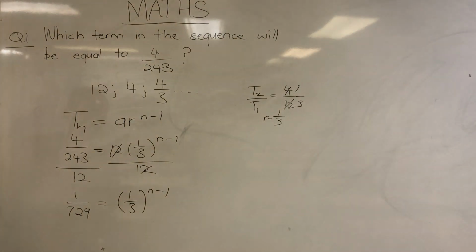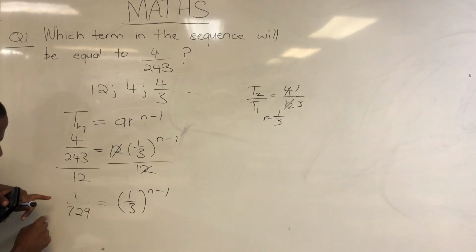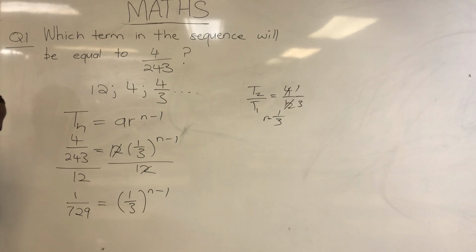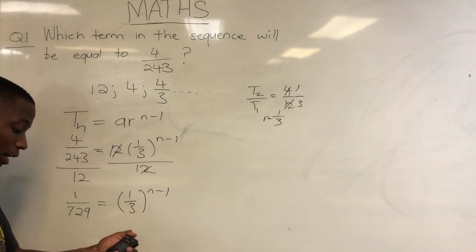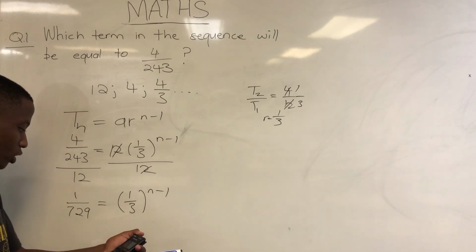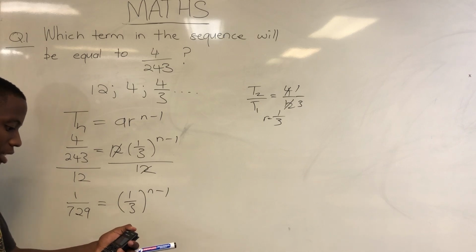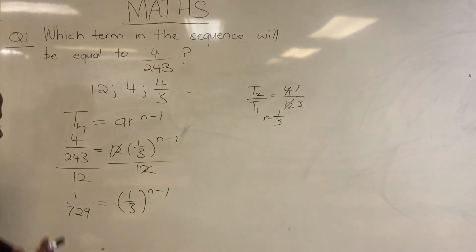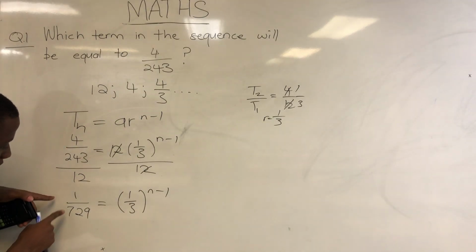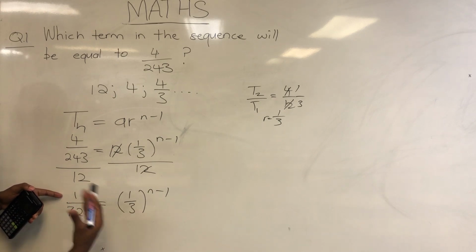We can change 729 by pressing shift factor, which gives you 3 to the power of 6. So here we have the very same thing as 1 over 3 to the power of 6.